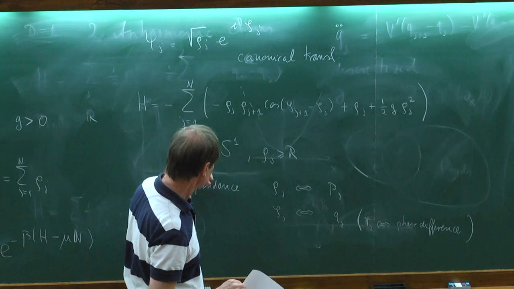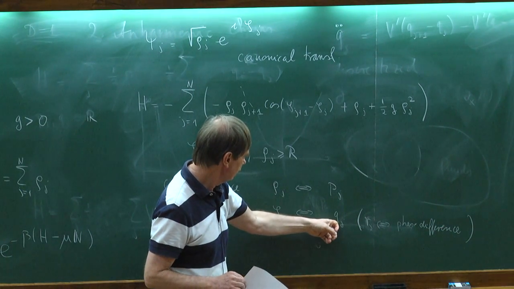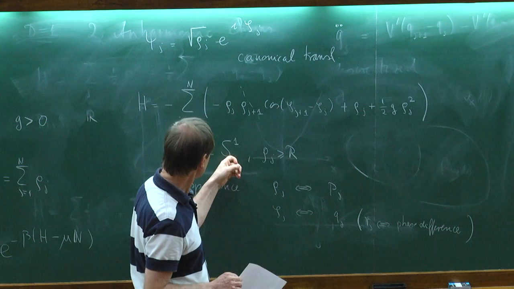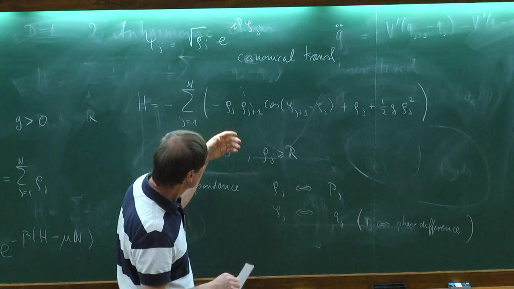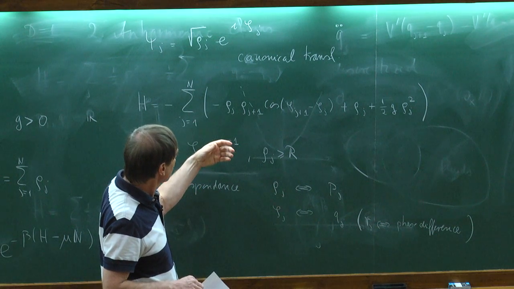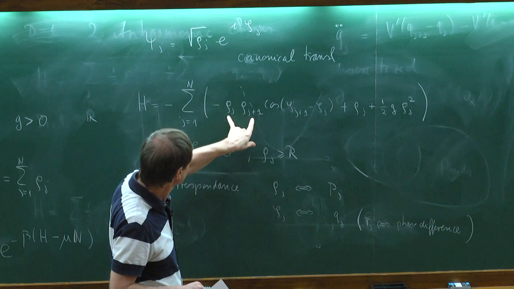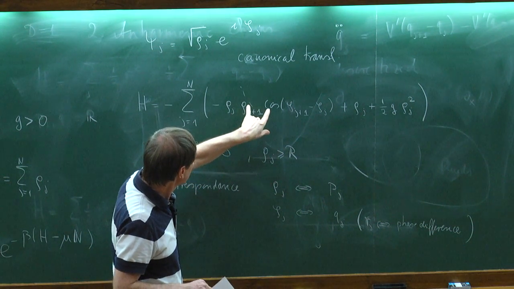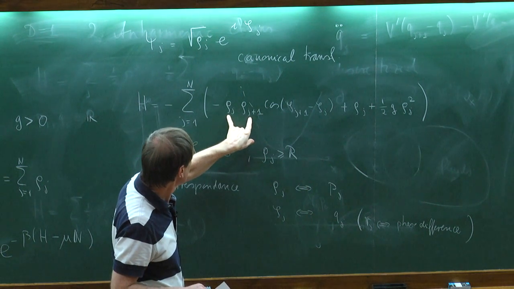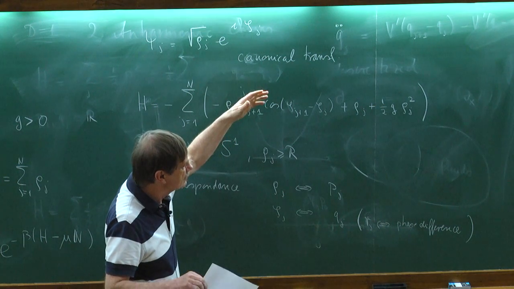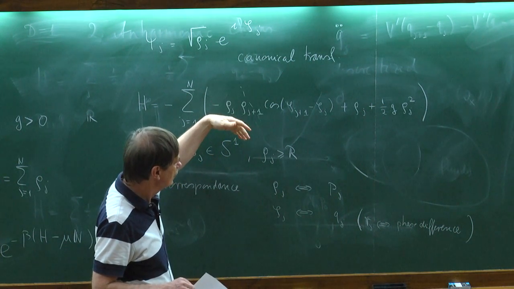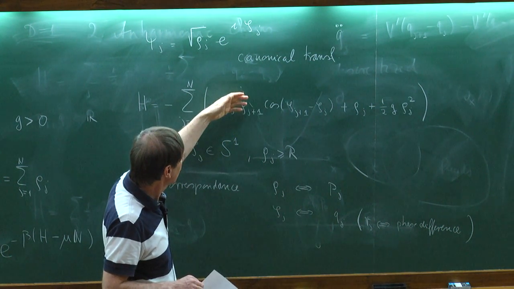But of course it's not perfect. First of all, this is living on R, and this is living only on the circle. So that's a very important difference. And from a technical point of view, one difficulty is that the strength of the potential term depends also on the momenta. So it's somewhat strange, but looks like an anharmonic chain.